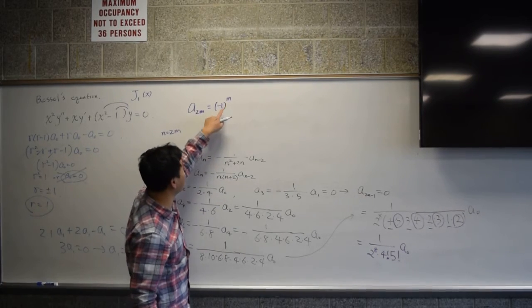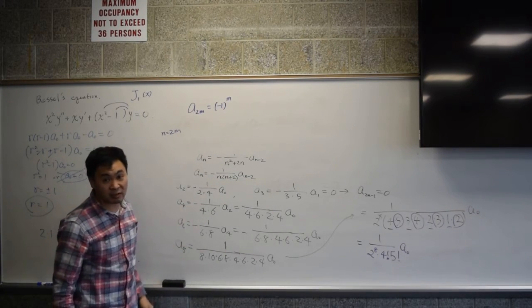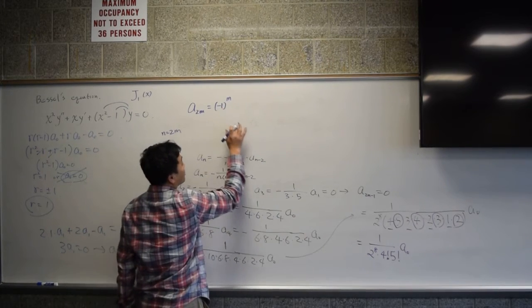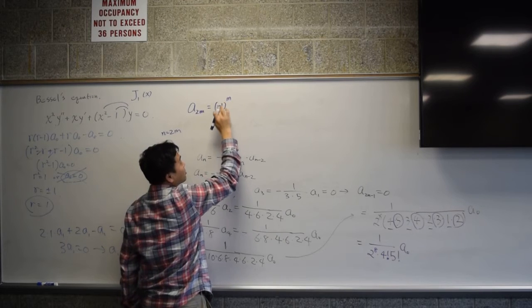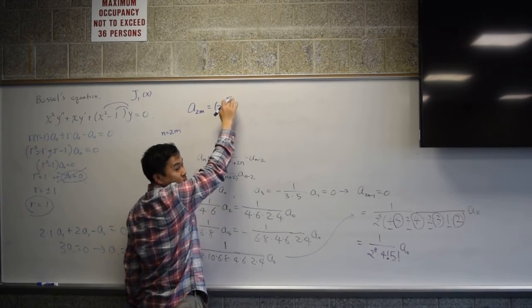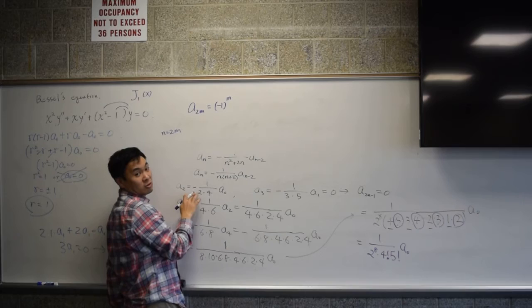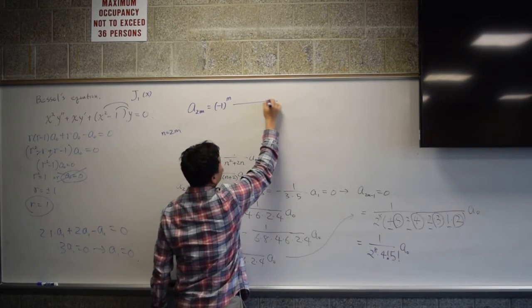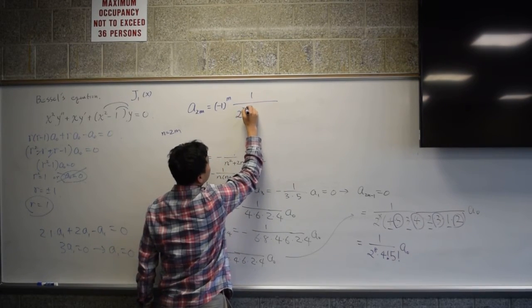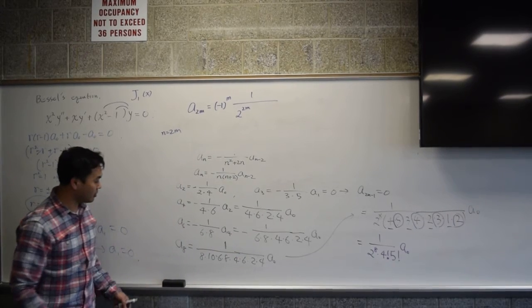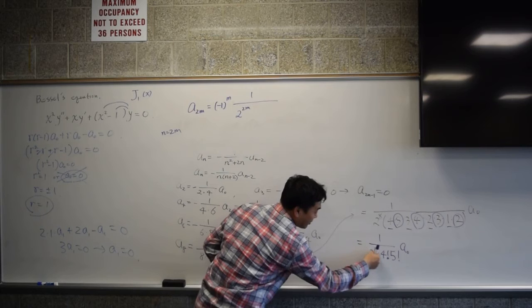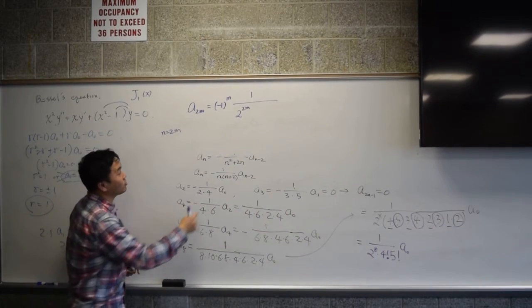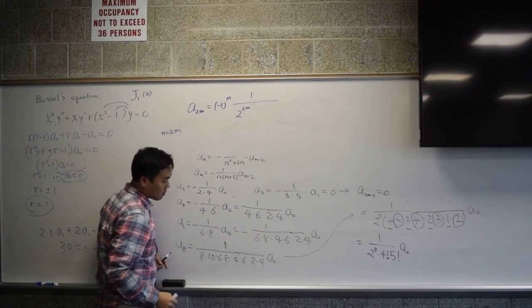So having -1 to the m is the correct one. If you wanted to alternate, it's either -1 to the m or -1 to the m plus 1, and I choose m because that matches with this one. And then 1 over 2 to the 2m, because you see an 8 here and 8 there. These two numbers must match.